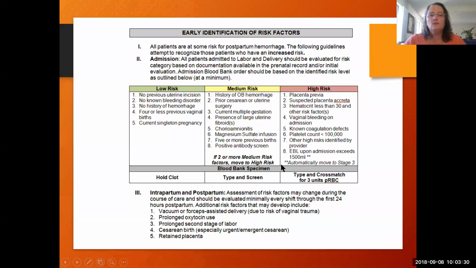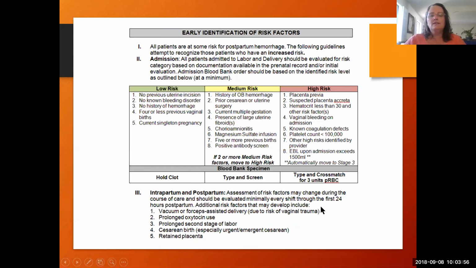So one of the things that we do is identify a woman's risk factor for bleeding when she comes in. If she's low risk, these are the categories that put her in low risk, and this is what we're going to do. If she's medium risk, this is what would put her in that category, and these are the things we're going to do. And then if she's high risk, these are the things that we're going to do for her.